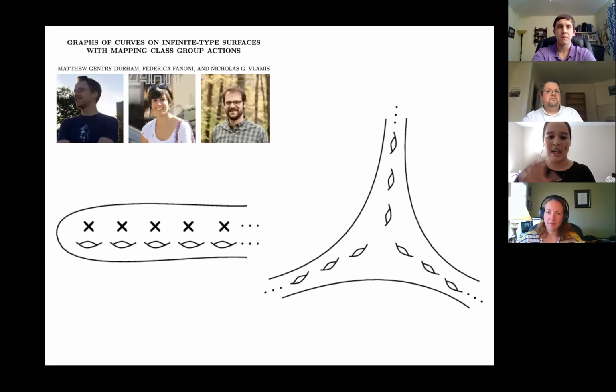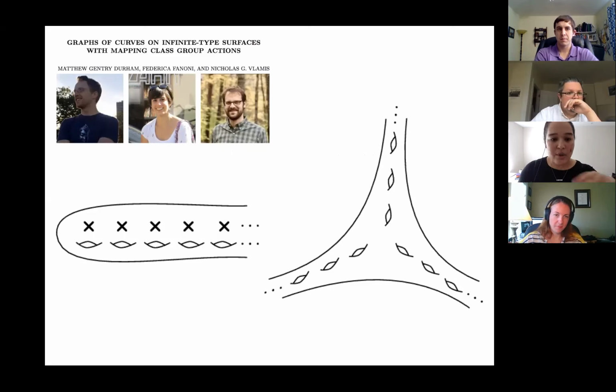So I have just some pictures. This first set of pictures is from this awesome paper of Matt Durham, Federico Fanoni, and Nick Vlamis, where they study the action of big mapping class groups on complexes coming from curves on your surface. These are such well-studied big surfaces that they have names. The one on the left, this elongated one, is called the spotted Loch Ness monster.